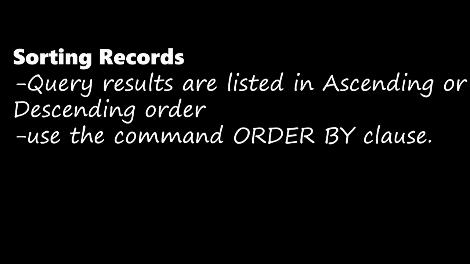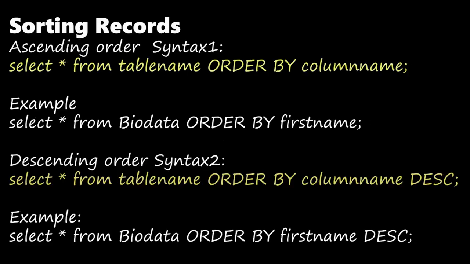Okay, here if you see, select star from then the table name order by column name. That means we'll get the output in ascending order of the column name. Okay, column name will be sorted in ascending order format.